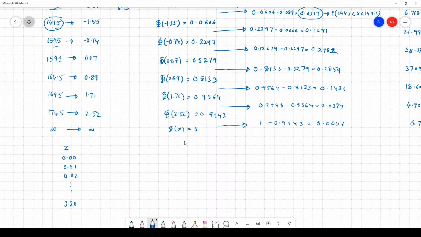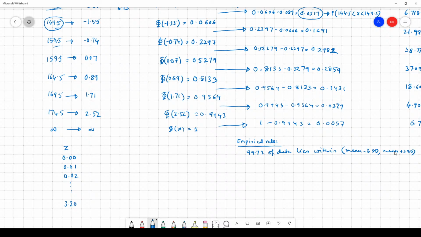Why? We know the empirical rule. The empirical rule says 99.7% of data lies within mean minus 3 SD to mean plus 3 SD.